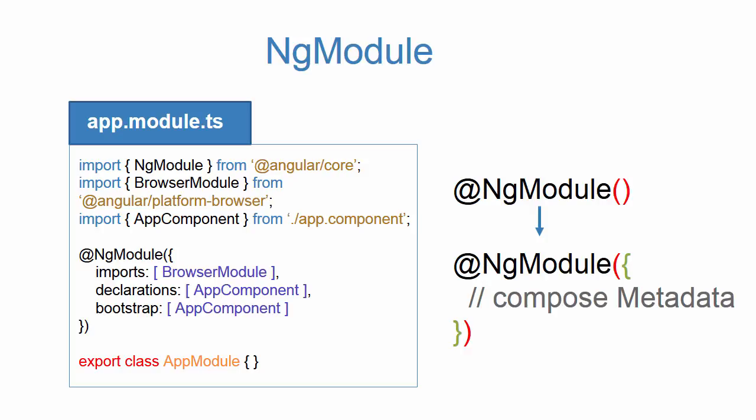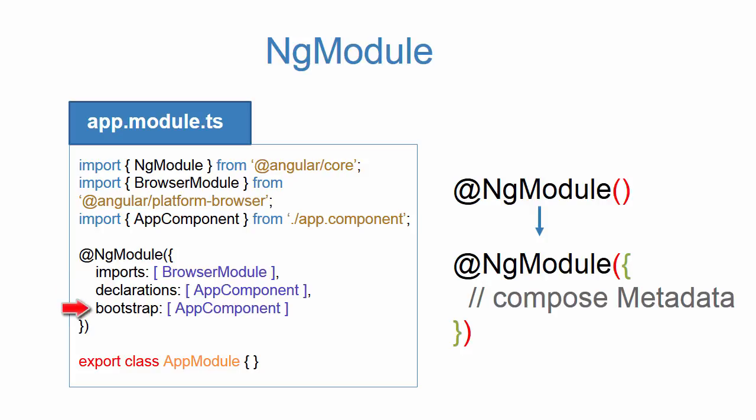The object that we define contains key value pairs, just like any other commonly used object, in which we can define certain attributes. The imports key will contain all the Angular libraries used in our application. So far, we've only added the browser module, but soon we'll be adding the forms module and router module to this list. Below that, we have declarations. This will include all of the components, directives, and pipes that we intend to use.